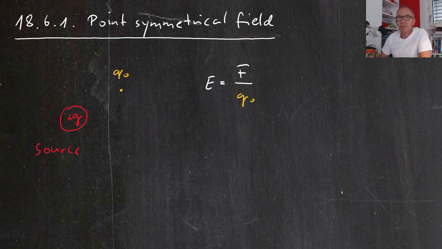Q0 is defined to be a positive one, so we have a positive here, so it is repelling, so the force will be opposed, and therefore the electric field will be opposed. So we can draw a small arrow at this position.